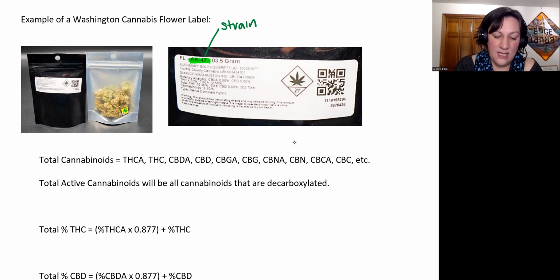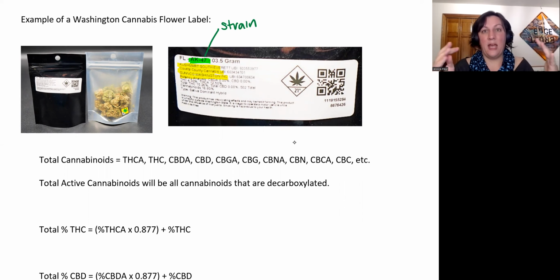We can see that some of those identifying numbers are present here right off the bat, where it's being sold, and also the Cowlitz County cannabis that worked on it, right here.